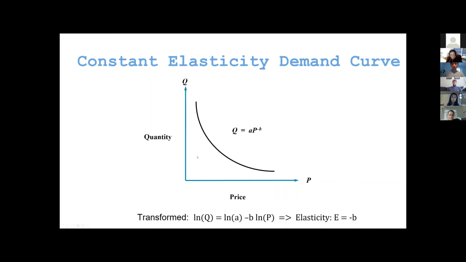or demand. Now, even though this is curvilinear, if you were to transform it, we talked about transformations, I think a few classes back, by applying the log on each side of this equation, you can make it a linear equation where it's the log of demand equals the log of A, which is some constant, minus B times the log of P. But again, still this elasticity can be taken directly with this B. And so elasticity is negative B, and that's how you get your elasticity of demand as a relationship to price.